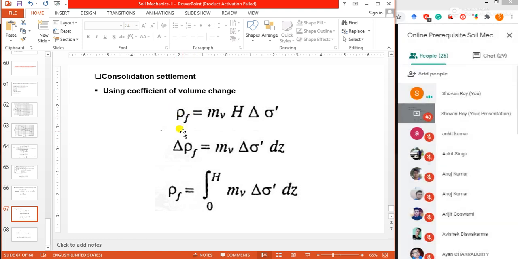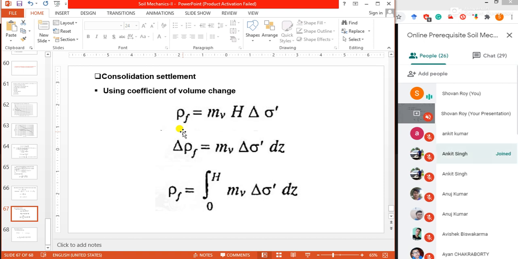The consolidation settlement when the soil stratum of thickness H has fully consolidated under a pressure increment delta sigma dash, that is effective pressure, is given by rho f, that is consolidation settlement, equals mv into H into delta sigma dash.